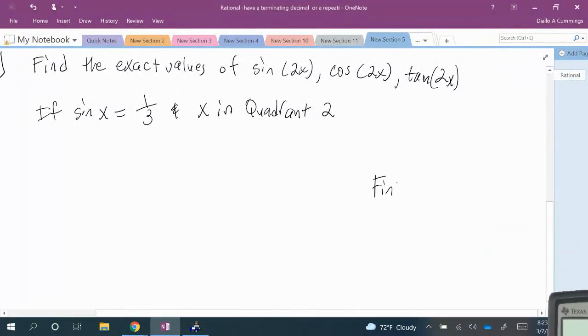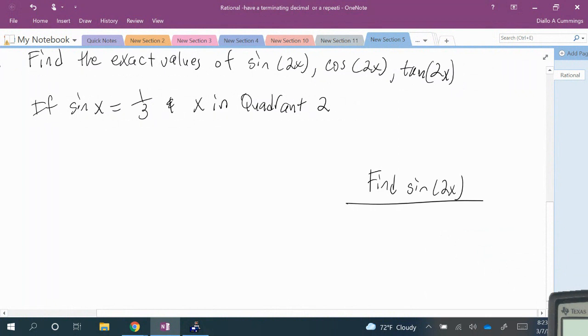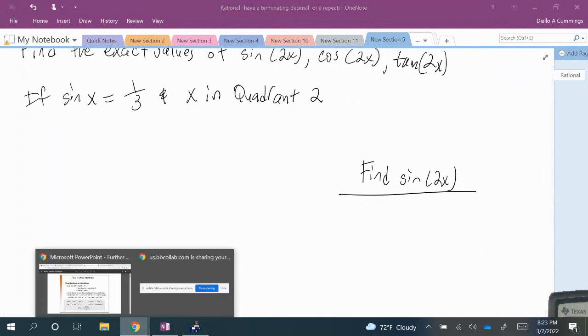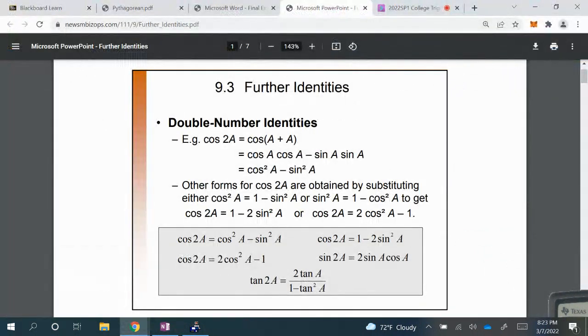I'm actually going to write this over here because we're going to have to do a triangle sketch. So we're going to find the sine of 2x. I'm going to bring up the formula sheet. If we look at the formula for the sine of 2a, we're just going to replace a with x. That's equal to 2 sine x cosine x.